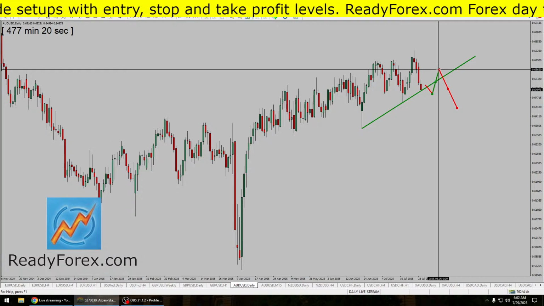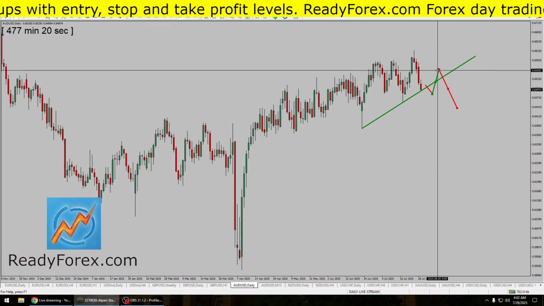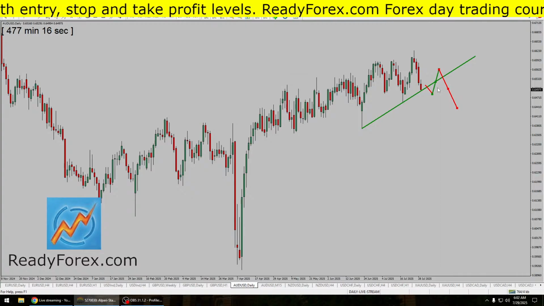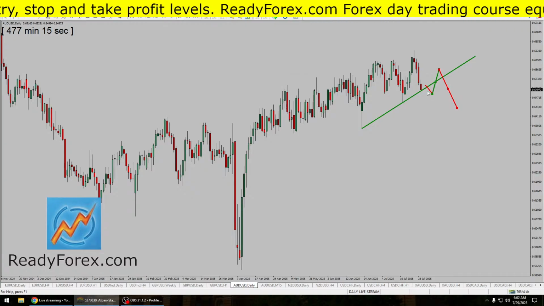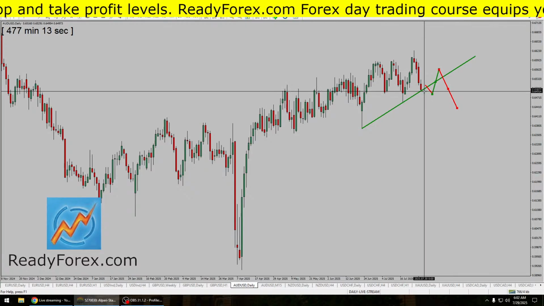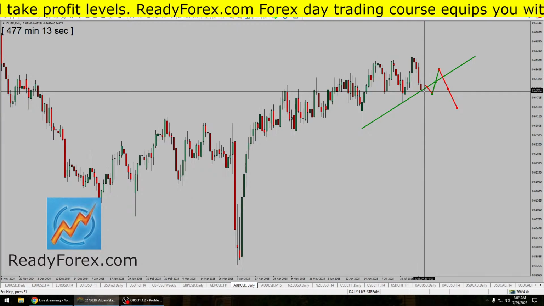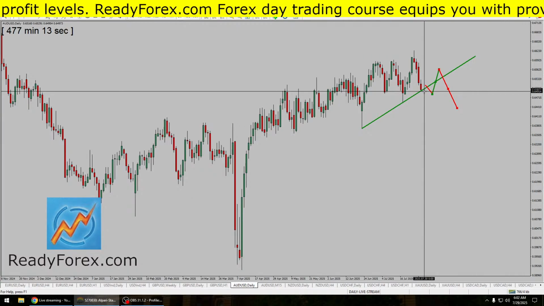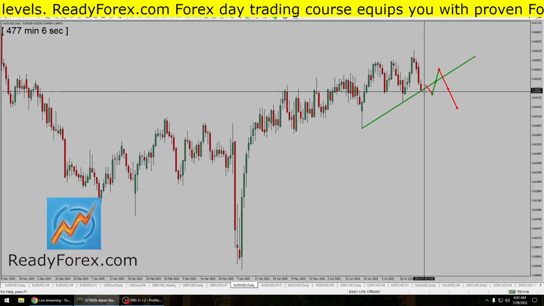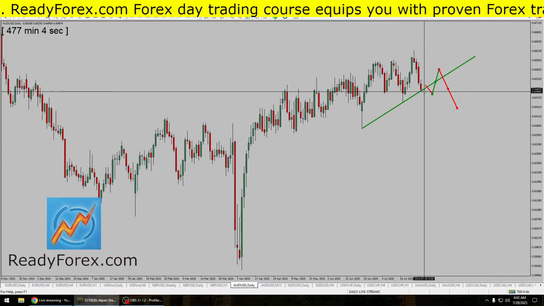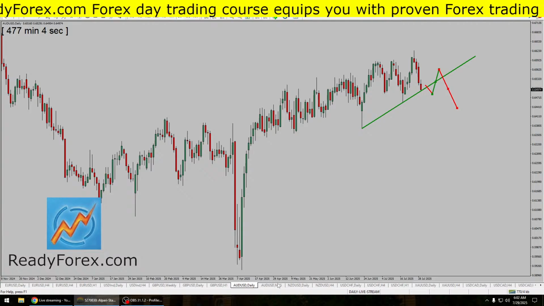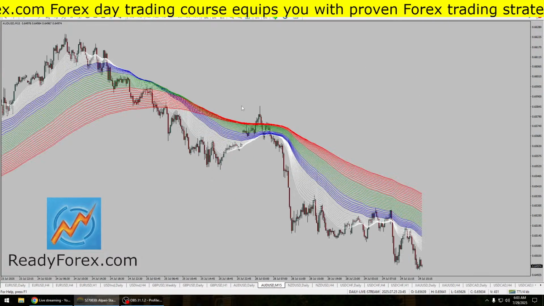So the sell setup or a short pattern is here, but do not sell at the market. The downside momentum is waning. The chances are the market is going to print a bottom. In other words, the bears or the sellers are running out of steam. Sooner or later the market is going to print a short-term bottom, at least in a smaller time frame.